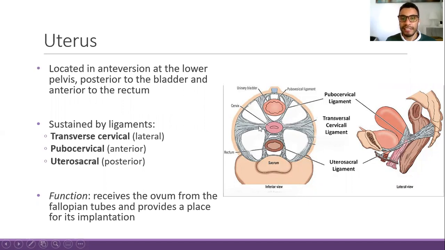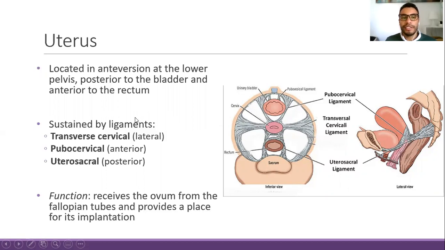The uterus is right here in the center, and anteriorly to the uterus we have the urinary bladder, and posteriorly the rectum. This other picture shows a lateral view: the uterus in the middle, urinary bladder in front of it, and the rectum posteriorly to it.